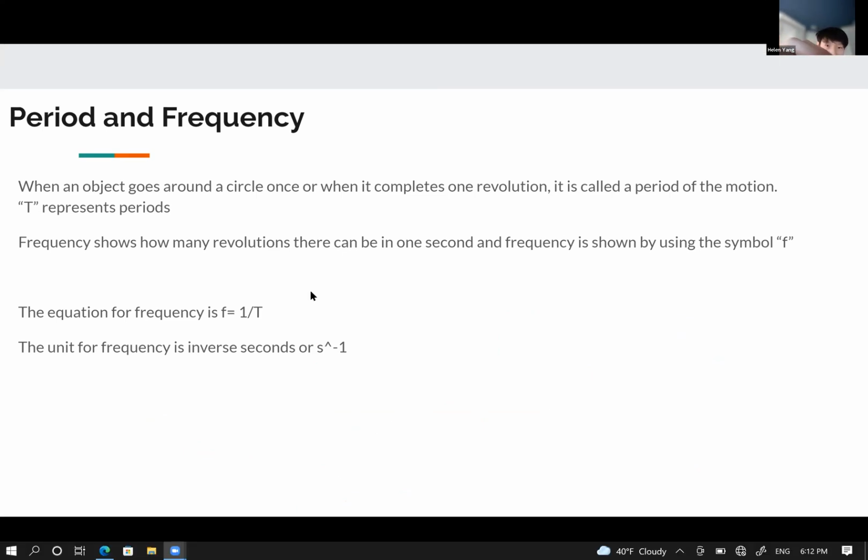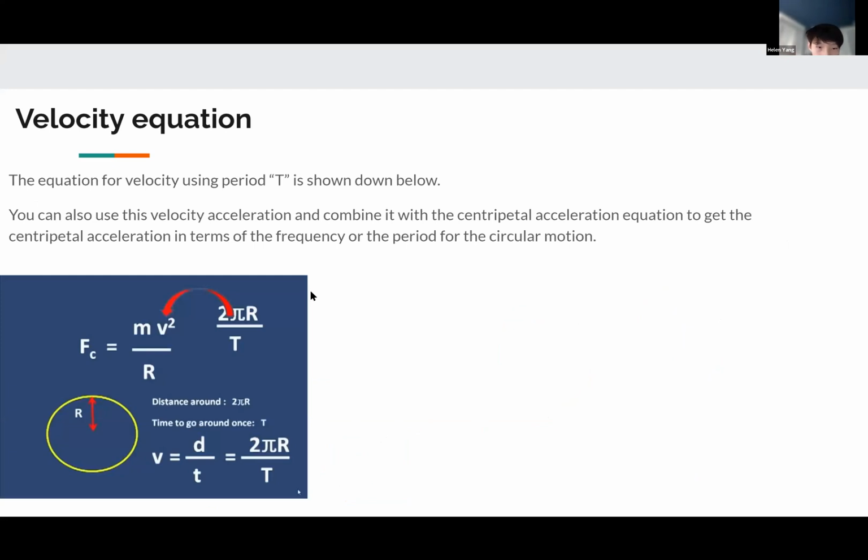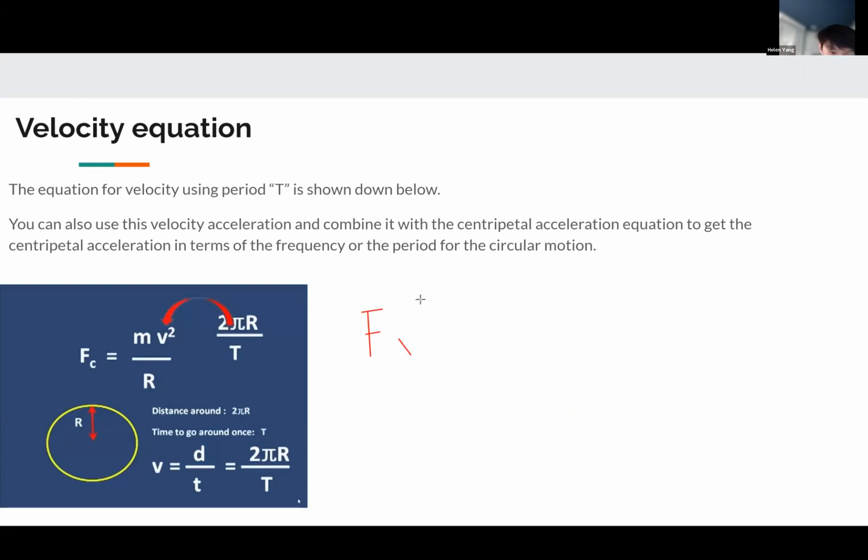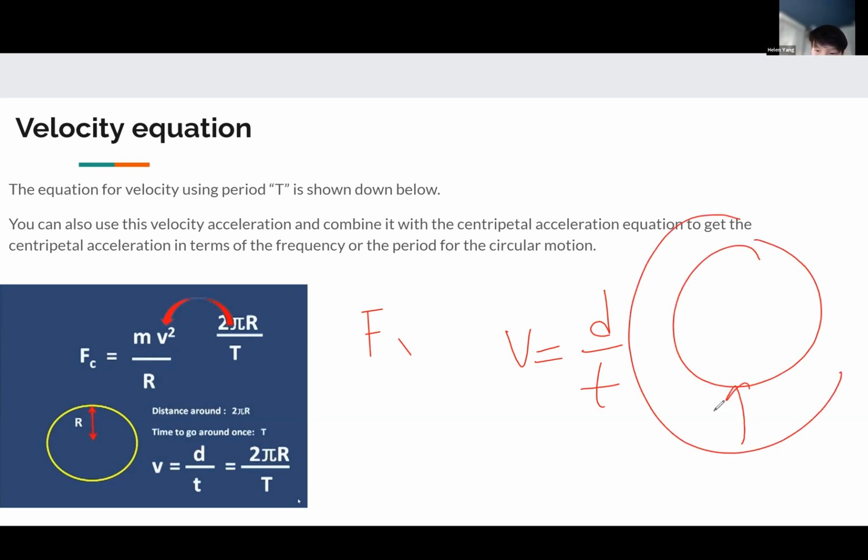And now we'll talk about the velocity equation. The equation for velocity using period T is shown down below. First of all, we know that the velocity is equal to the distance divided by the time. For a circle, the entire distance is just the circumference, which is pi times the diameter, or the diameter can be 2r, so 2 times radius times pi.